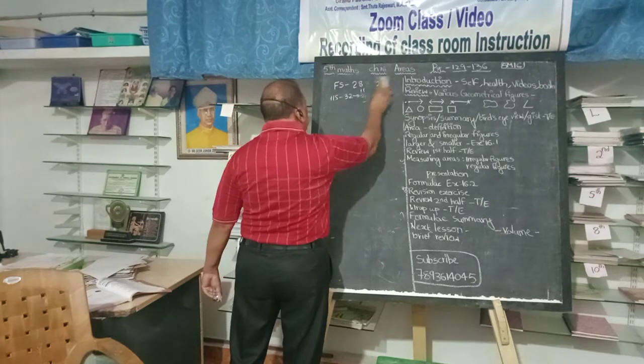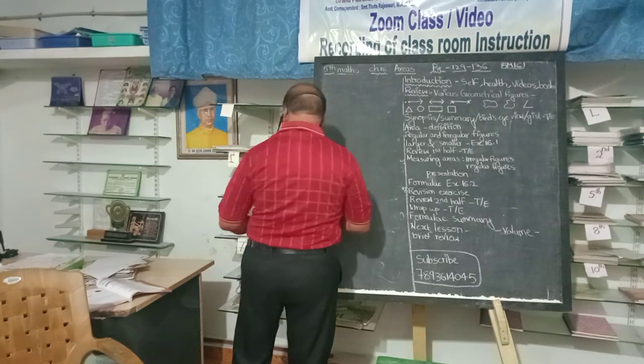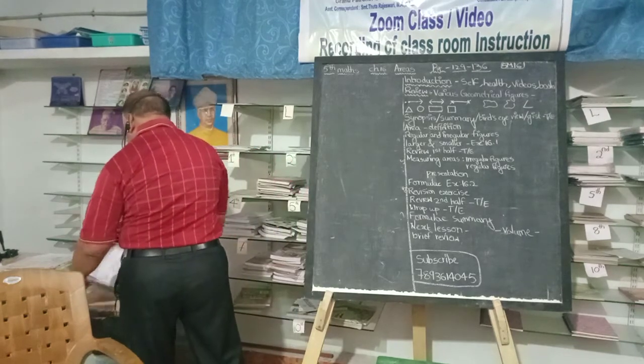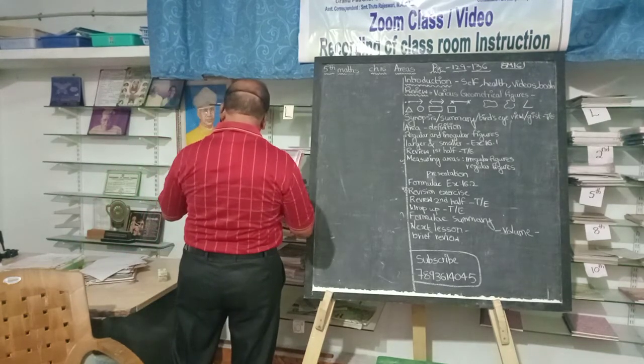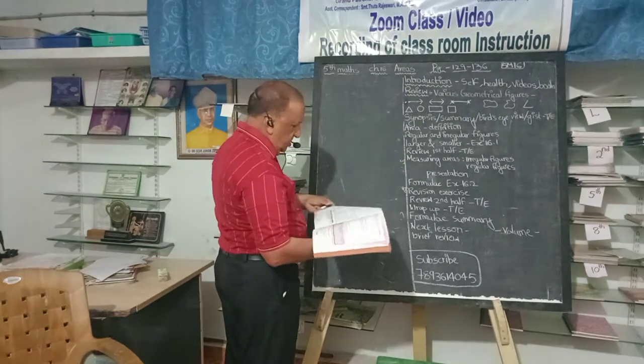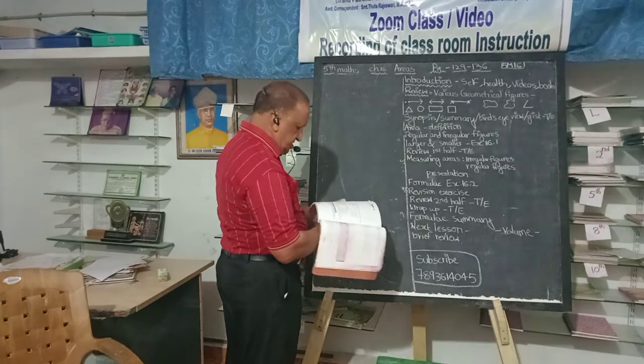But here you get only the rough area. Now, if you look at page 132, there is something here. I want you to read how I showed you that.